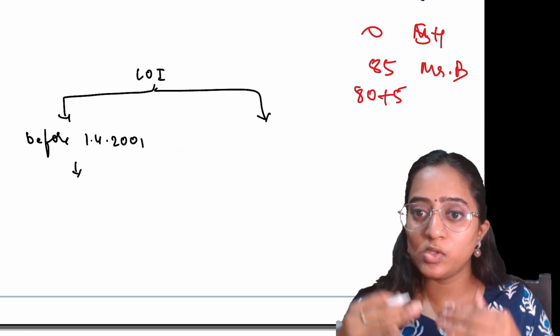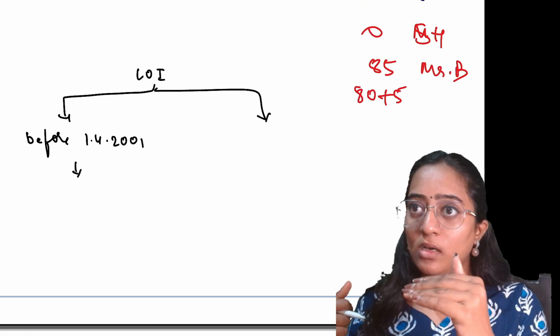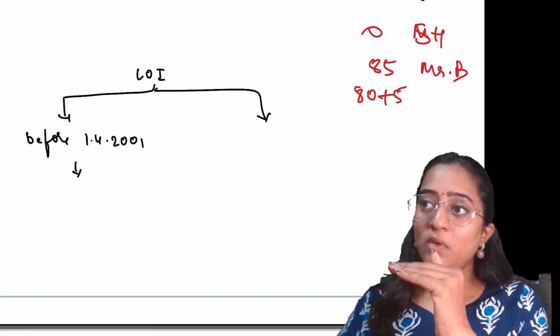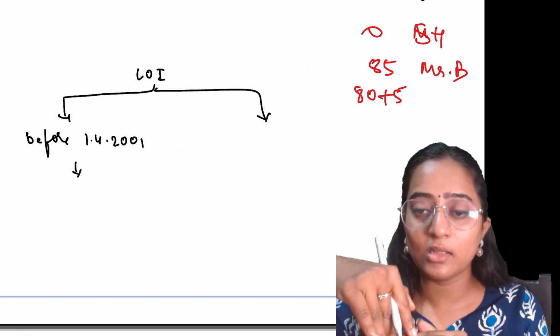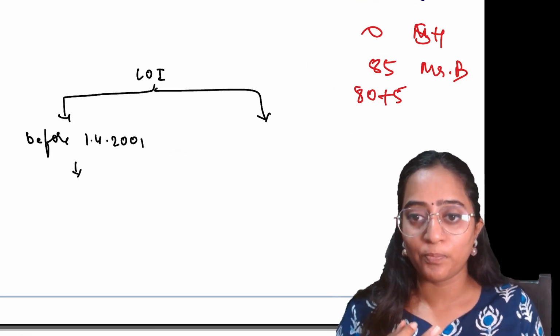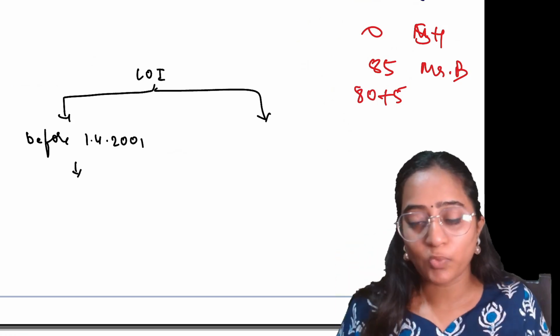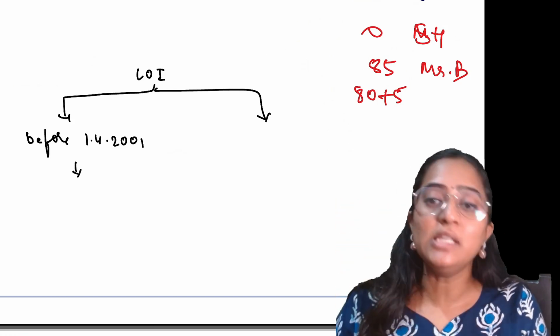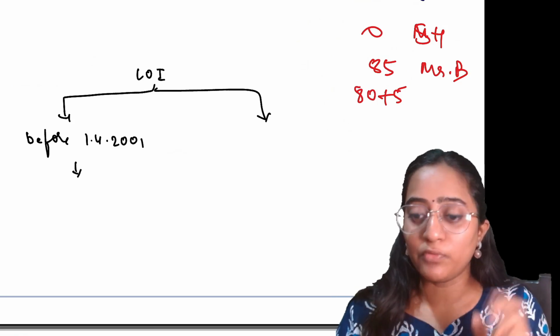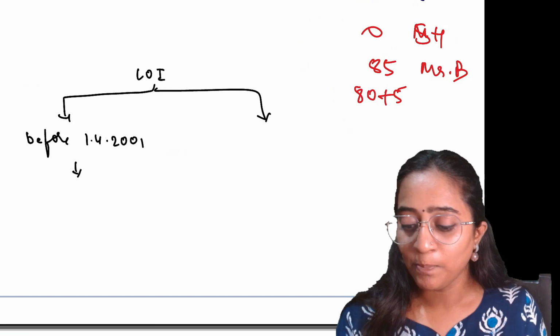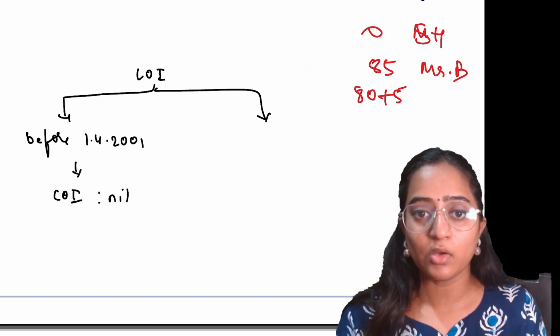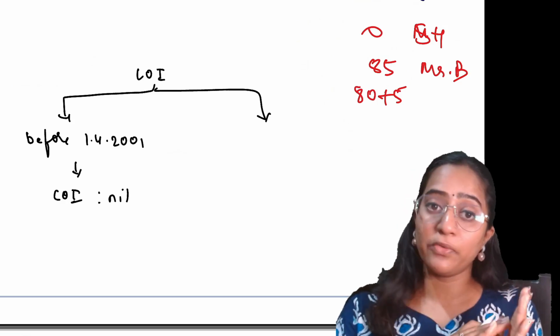Cost of improvement means you have purchased the land and building of the first floor, and you have incurred the cost for construction of a second floor. The cost of improvement should increase the value of that property. If this cost of improvement has been incurred before 1/4/2001, it will be considered nil, remember.